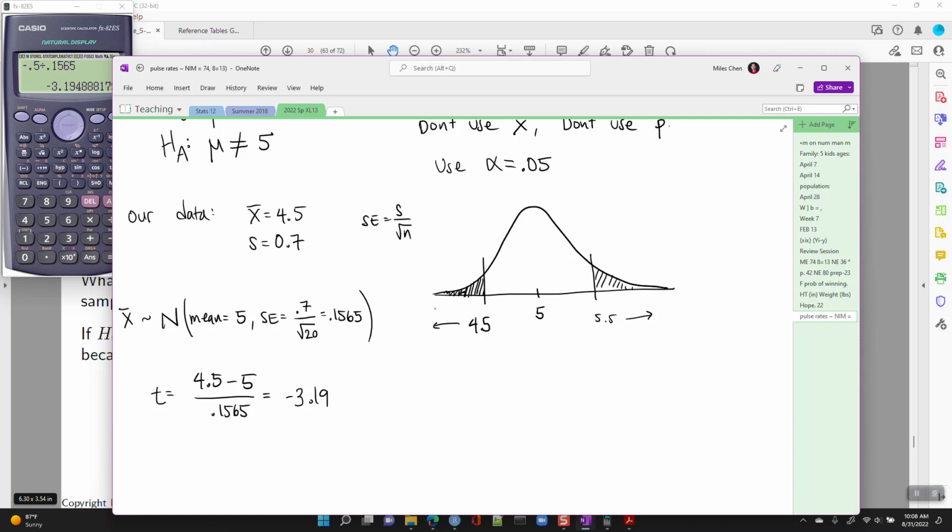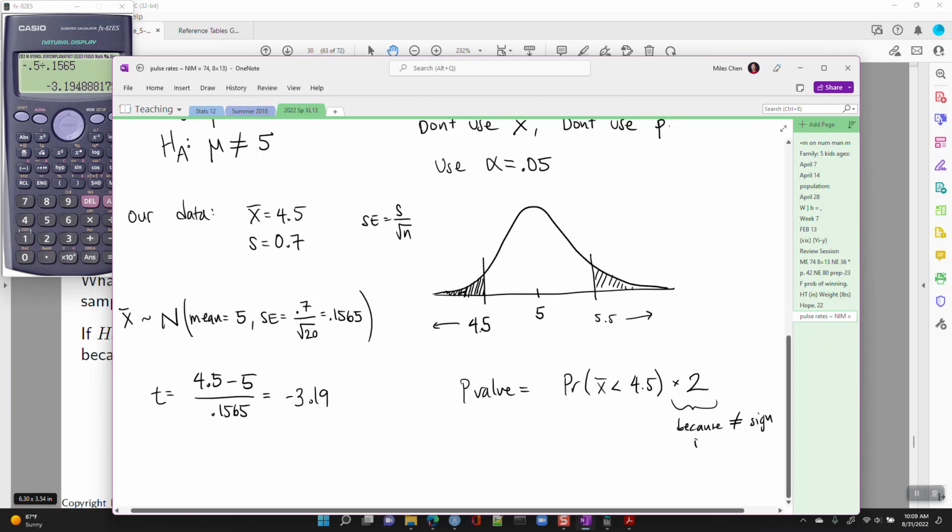And so the question is, how much area do I have beyond negative 3.19? So our p-value is going to equal basically the probability that x bar is less than 4.5, and I'm just going to multiply it by 2, because of the not equal sign in the alternative.